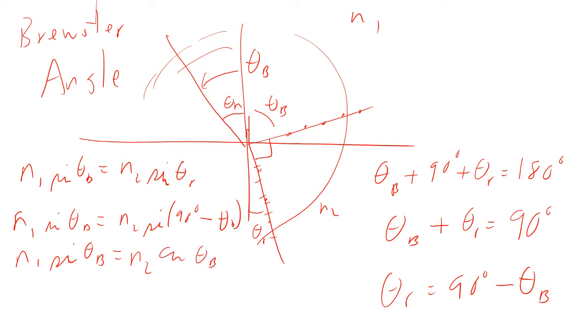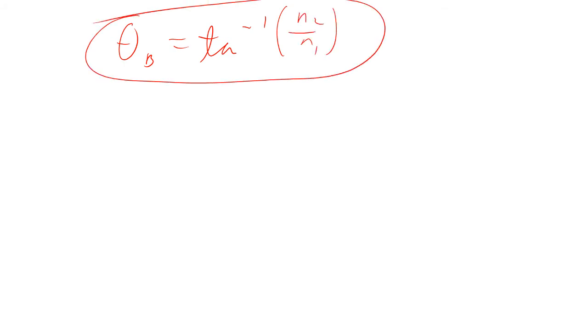So that means N1 sine over cosine, so tangent of the Brewster angle, is going to equal N2 over N1. In other words, the Brewster angle, this magic angle, is going to be inverse tangent of N2 over N1.